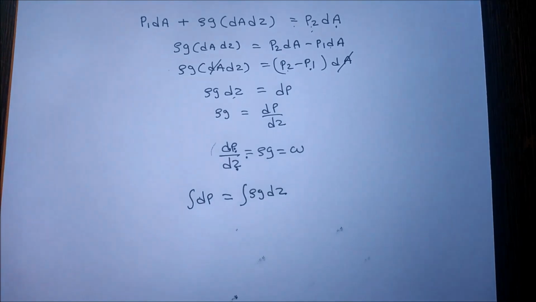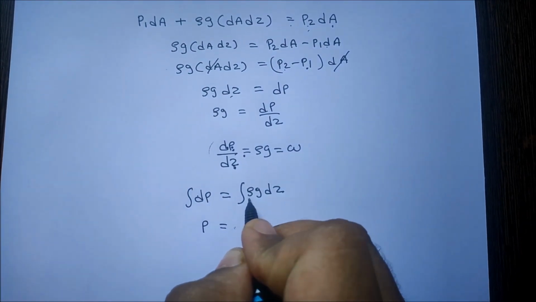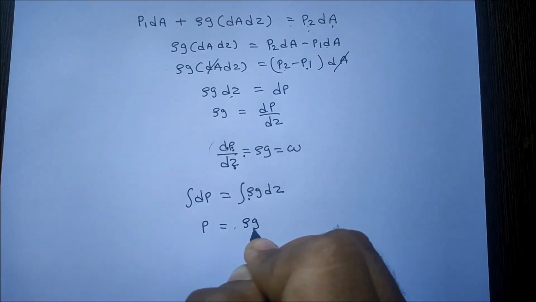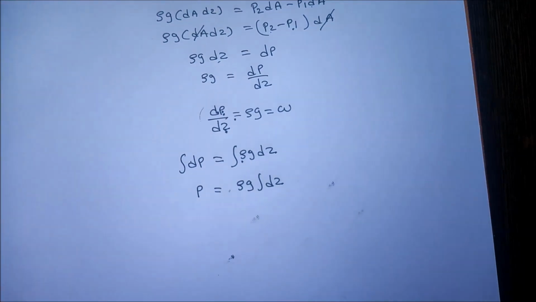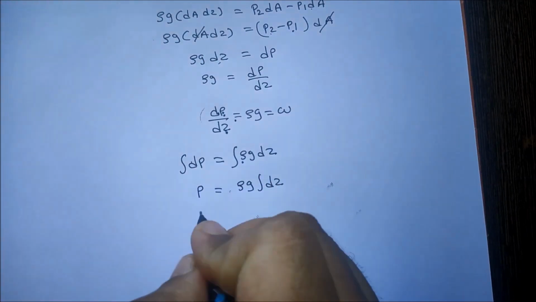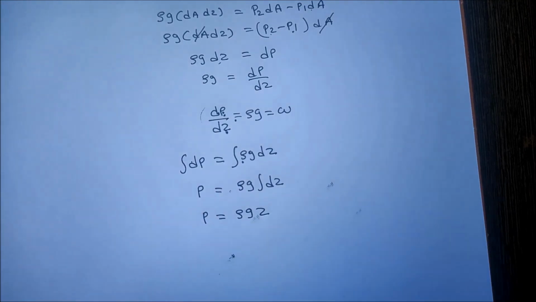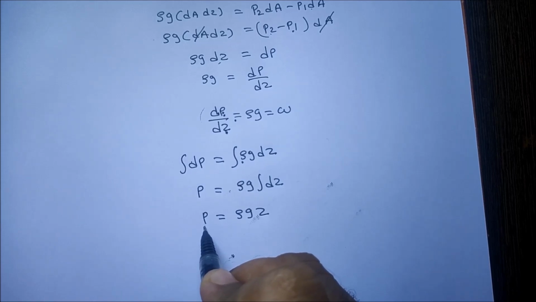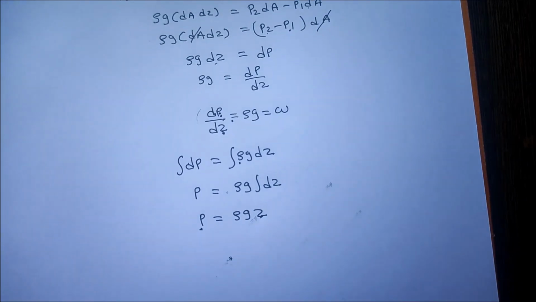So integration of dP is P. Here we consider incompressible fluid, so density is constant, so rho g is constant. In integration, dz gives z. So we get P is equal to rho g z, where P is pressure above atmospheric pressure and Z is the height from the free surface.